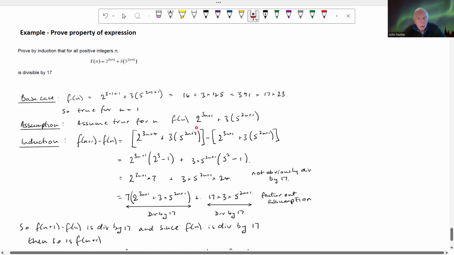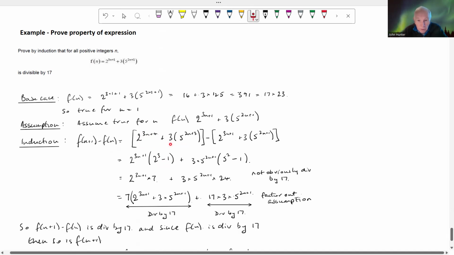So if we rearrange and collect this term with this term, and factorize out 2 to the power of 3n plus 1, then we've got 2 cubed, which comes from this here. This is 2 cubed times 2 to the power of 3n plus 1, minus 1.